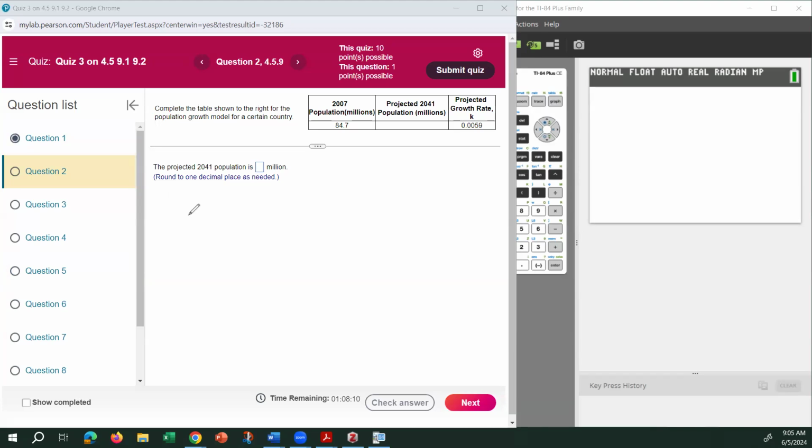The exponential growth model is A of T equals the original population, A initial, e to the growth rate, K, T. Okay, so it looks like we're given the population in 2007, 84.7. We need to know the projected population in 2041. And then we're also given K, the projected growth rate.